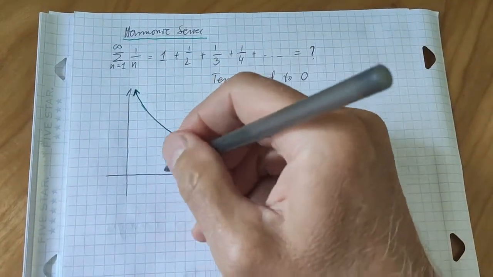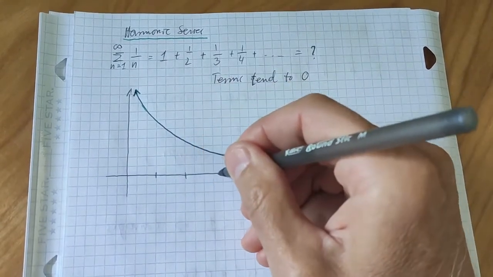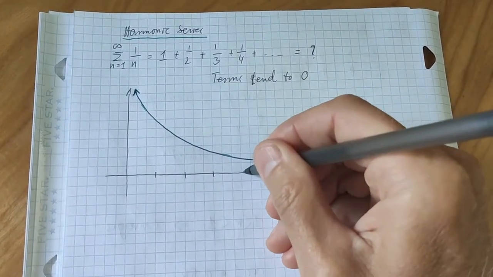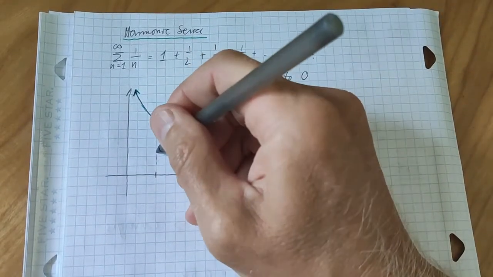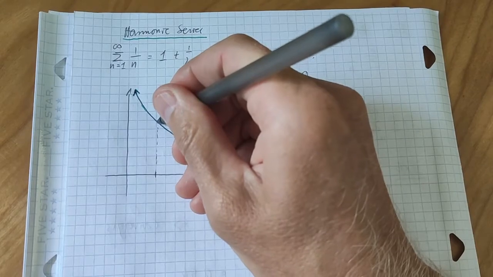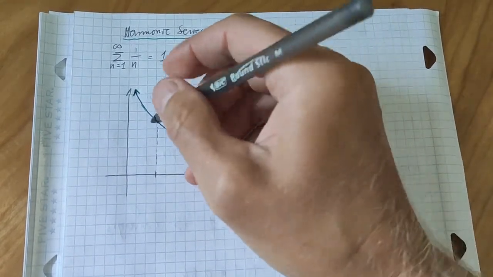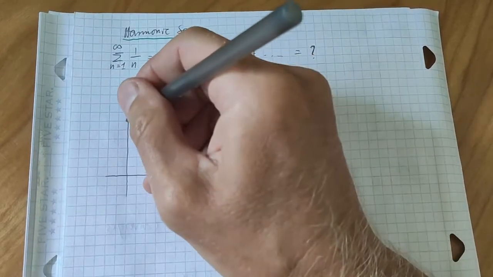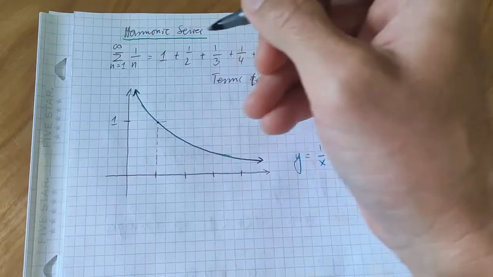Okay, so let's say, how should I do it? Let's say this is 1, 2, 3, 4. This is supposed to be a square, but it obviously is not. This is 1.